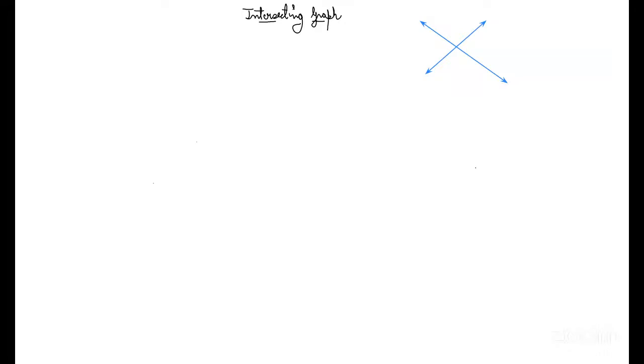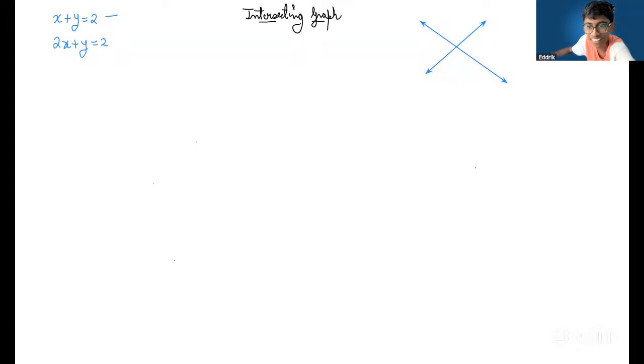For example, there are the equations x plus y is equal to 2 and 2x plus y is equal to 2. Can you make a graph for me, guys? Both the equation graphs will be on the one graph board. I will make a graph on the board.